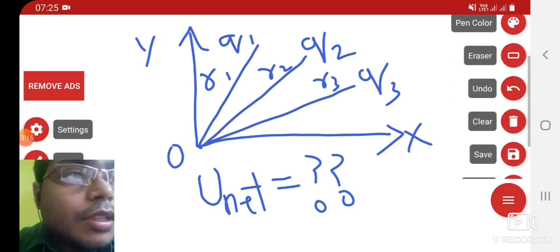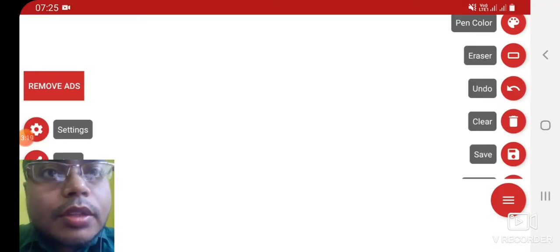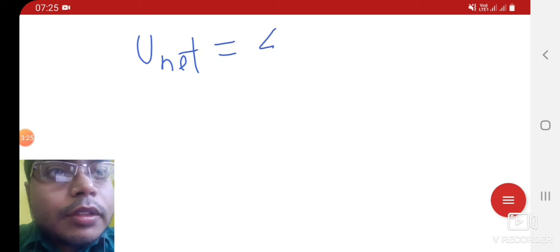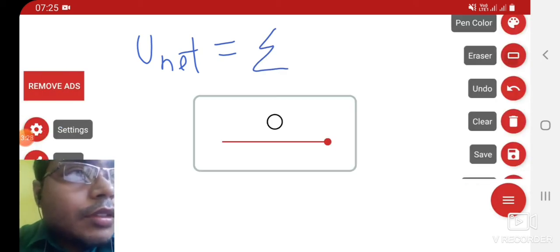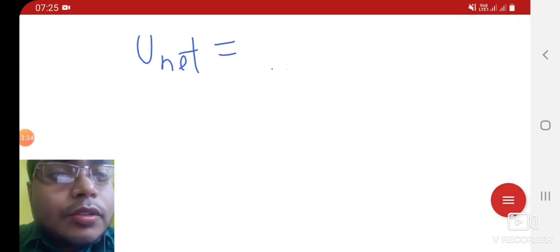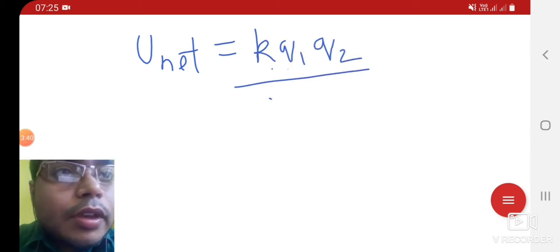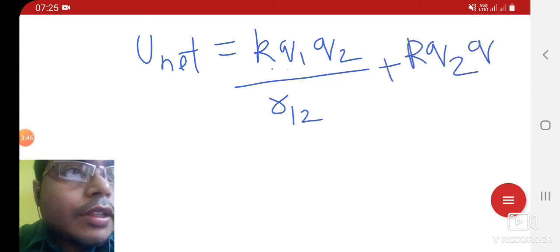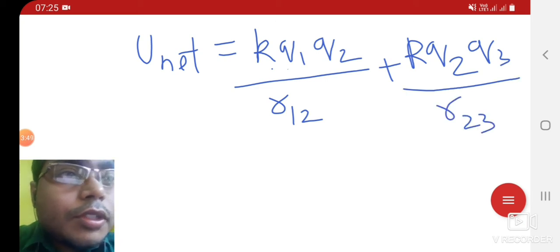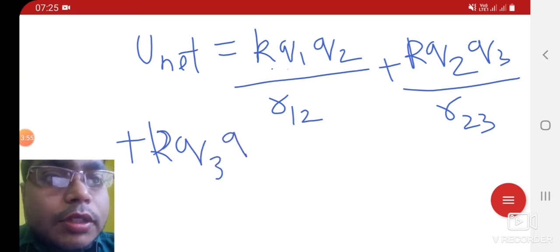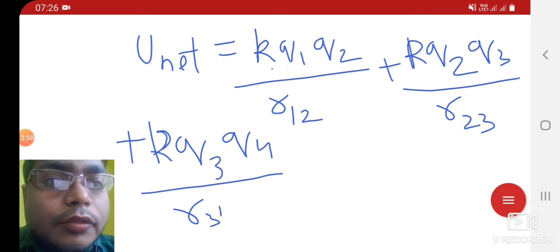There is a relation that is given for multiple charges. The net electrostatic potential energy is given by k q1 q2 divided by r12, plus the second and third charge, k q2 q3 divided by r23, then charge 3 and charge 4, k q3 q4 divided by r34.